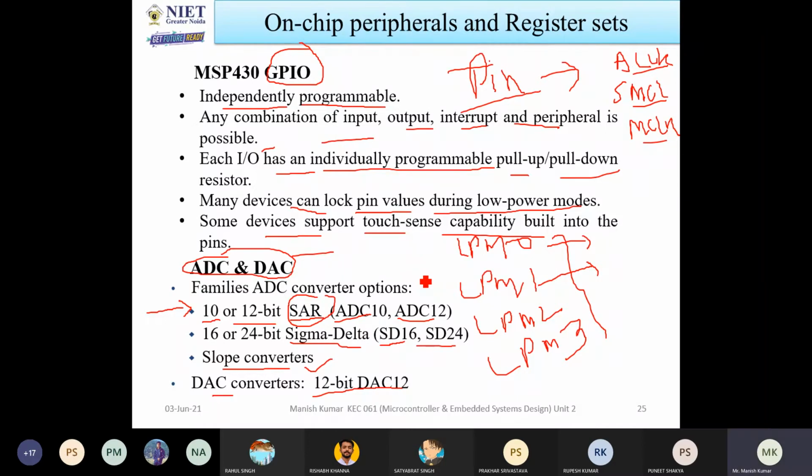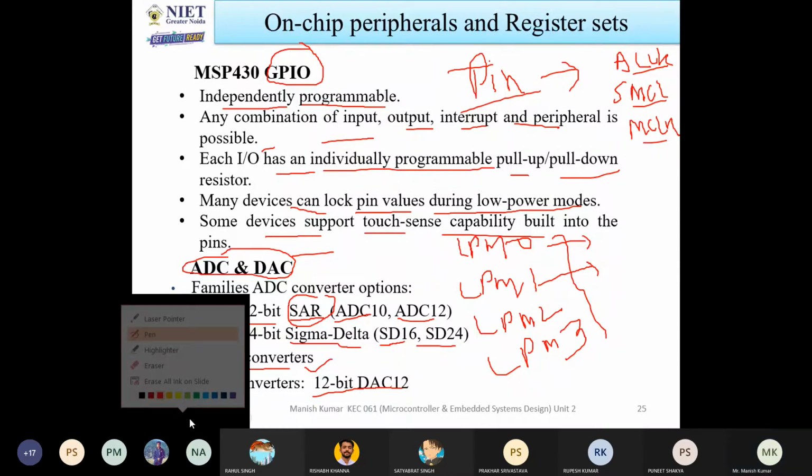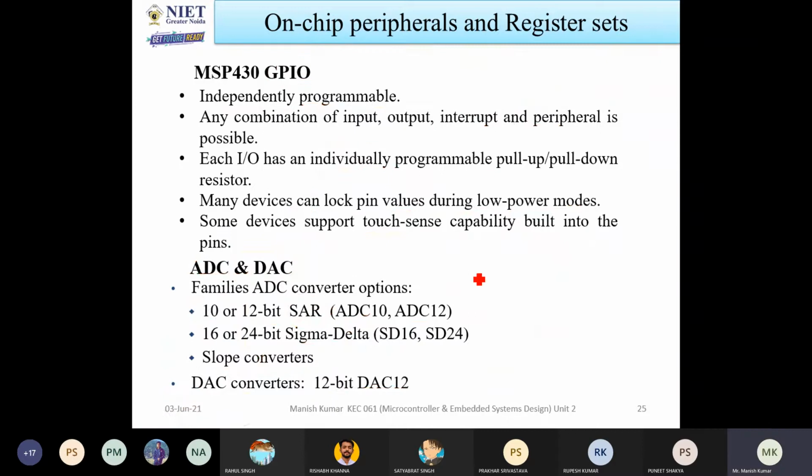Okay, and also its conversion time is constant or uniform. So when we are talking about the SAR ADC, the conversion time is constant, and that value is n times t clock, number of bits times clock time.